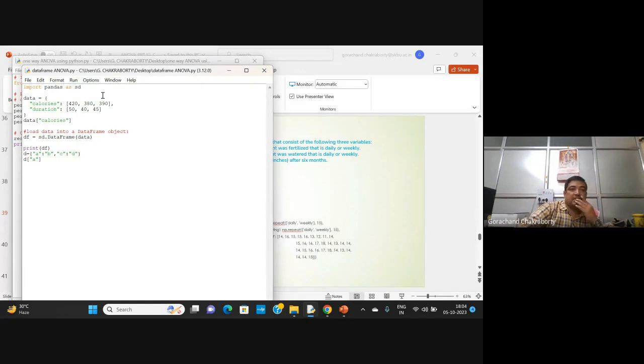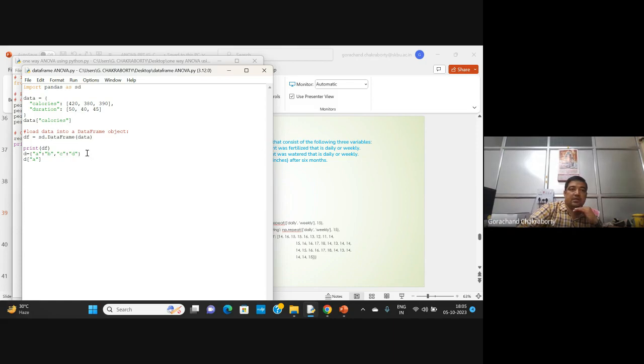So this is one thing, and another data frame is this. This is also a data frame. Maybe n numbers will be there. Here 3 numbers are there. You can increase the number of data, and also the number of calories, duration, and other variables you can increase here.